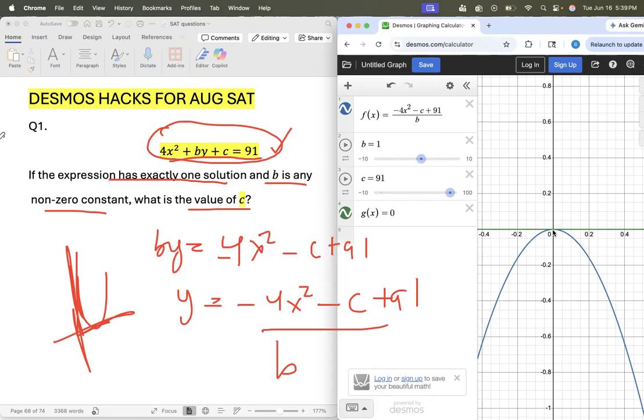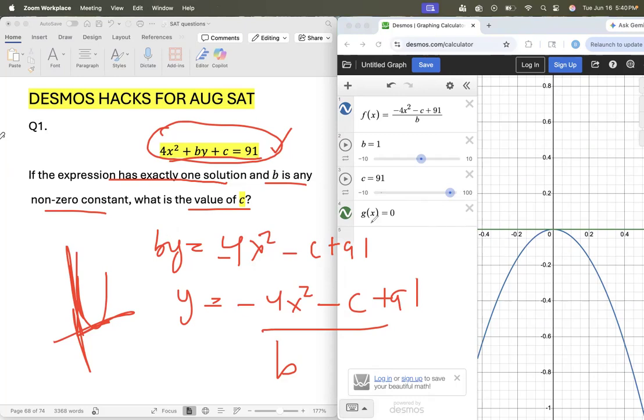We write y is equal to 0. And did you see something? Look at it carefully. It's exactly our constant here, plus c. Why? Let me explain. You need to understand the algebra. If I'm taking the SAT, I'll look at this and say this has to be 91. Why?